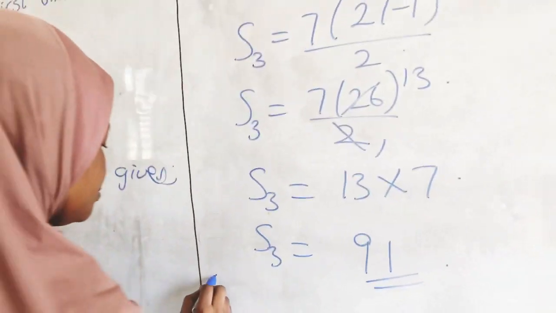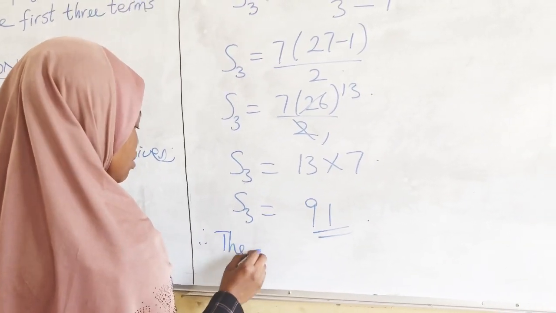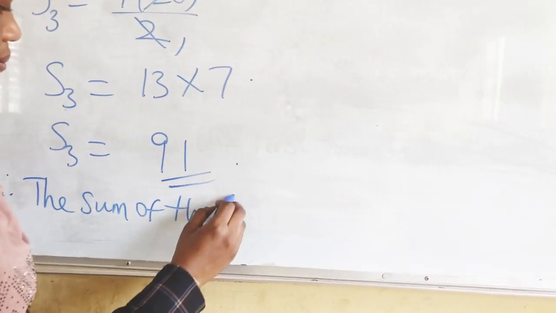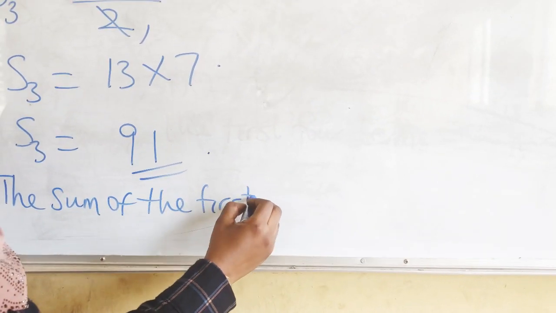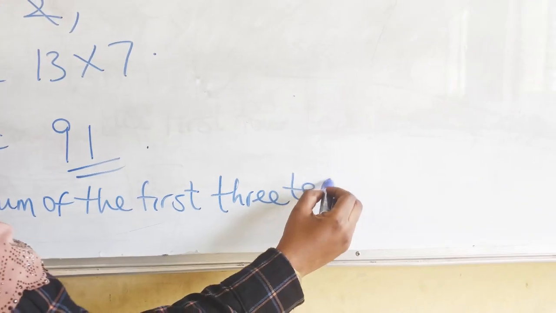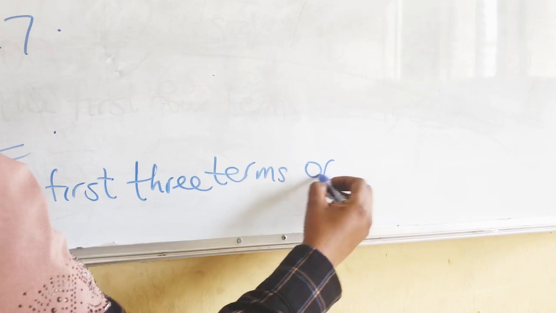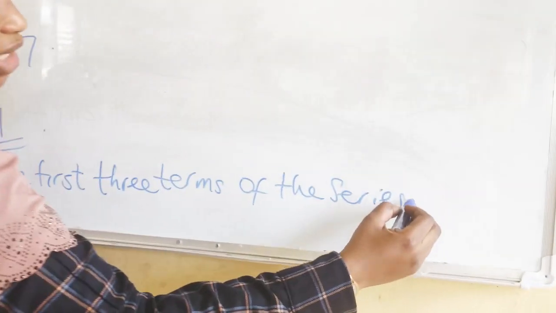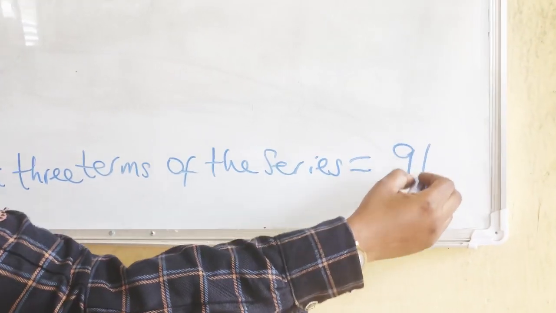So therefore, the sum of the first 3 terms of this GP is equal to 91.